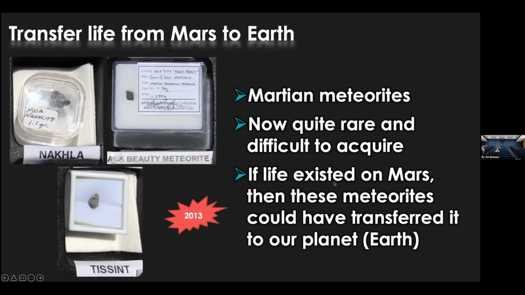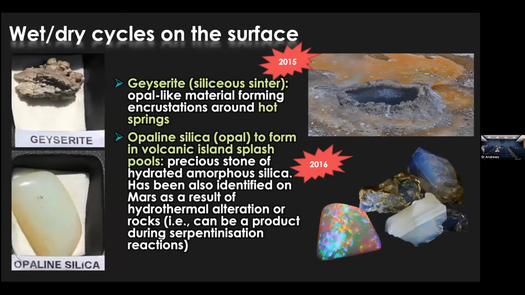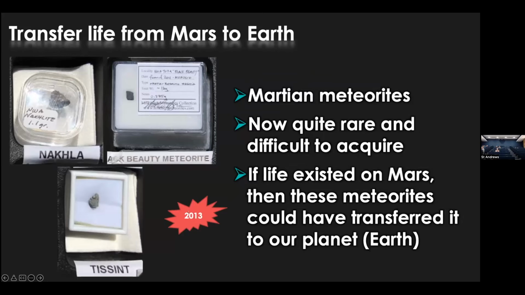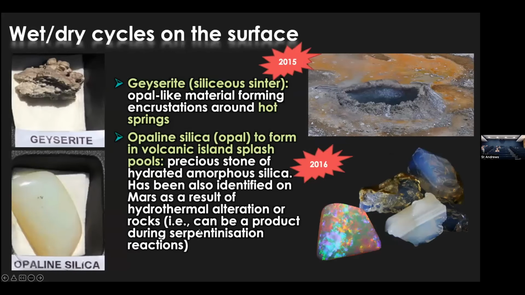I have some in my collection because of Bob. And if life existed on Mars, these could be the vehicles to bring it to Earth. This is a theory which dates back to 2013, actually, especially for Martian meteorites.